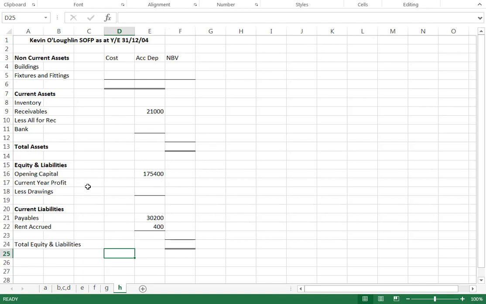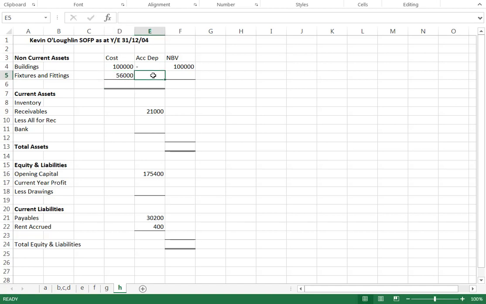Opening capital, going to your profit, drawings. Yes, yep, we do. Okay, building at cost actually 100,000. No depreciation, net book value 100,000. Fixtures and fittings 56,000 opening.